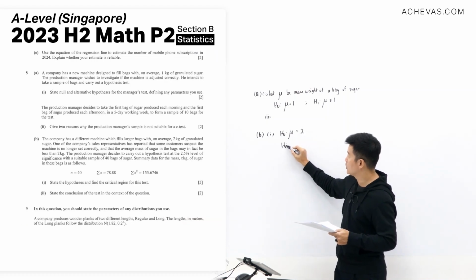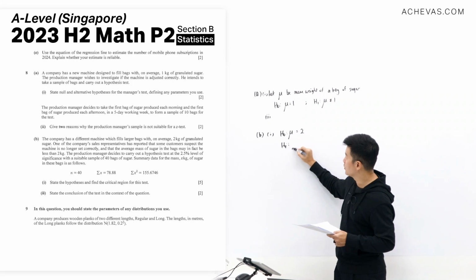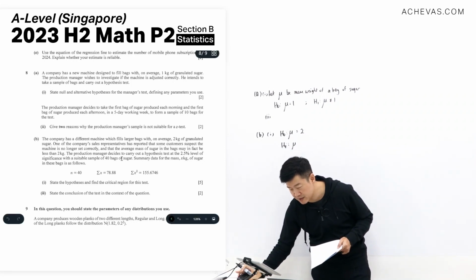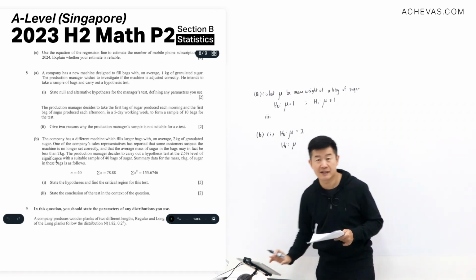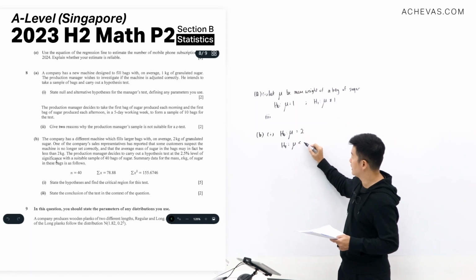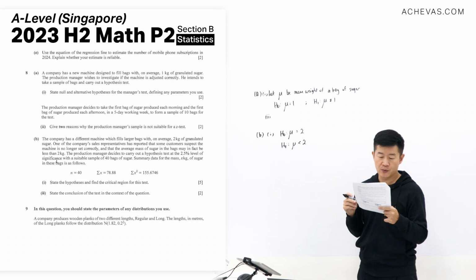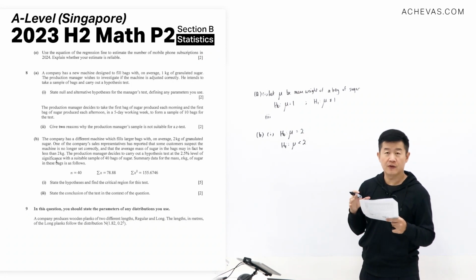As for H1, according to the question, we are testing whether the average mass of the sugar is in fact less than 2. So this is going to be a left tail test, mu less than 2. And we want to find the critical region for this test.